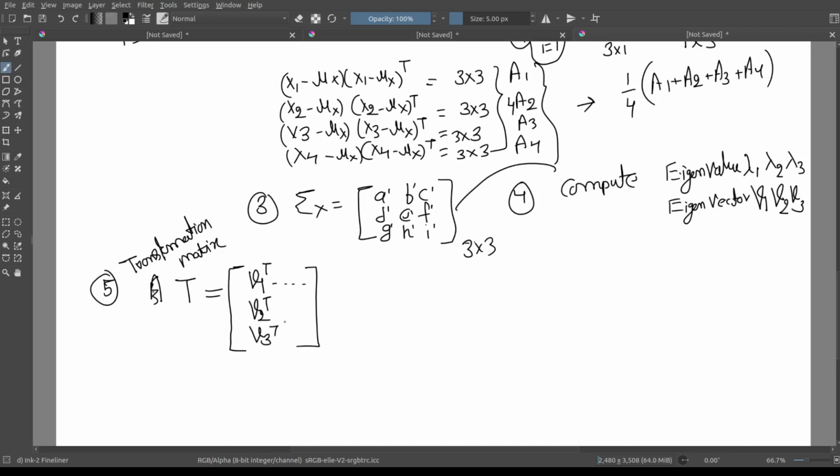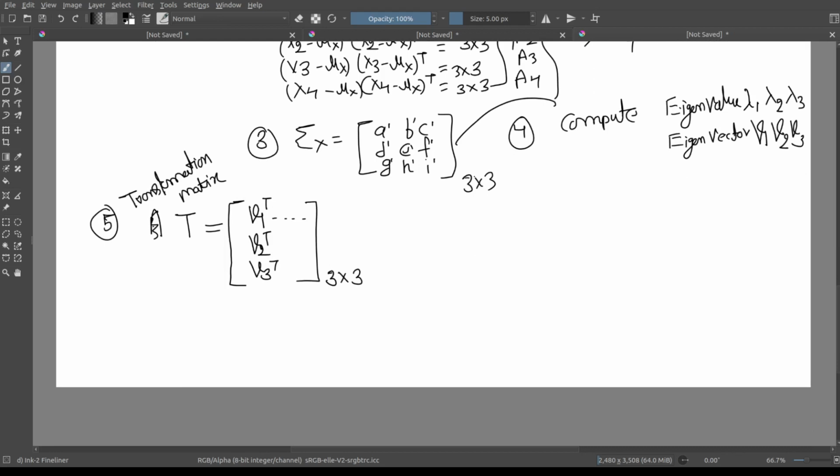So obviously the size of this transformation matrix is also 3 cross 3. Is it clear?